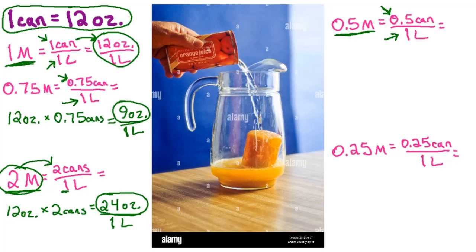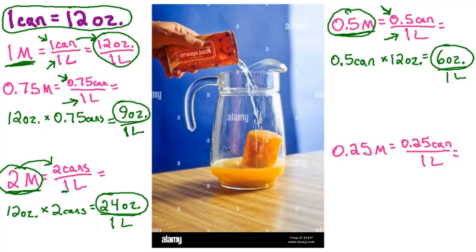So if we used half a can, we just take that times the 12 ounces per can, and that gives us 6 ounces of frozen orange juice concentrate in 1 liter of water. So a 0.5 molarity in this case means we used 6 ounces of frozen orange juice concentrate in 1 liter of water.